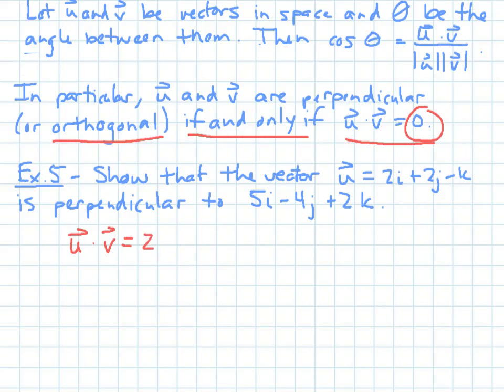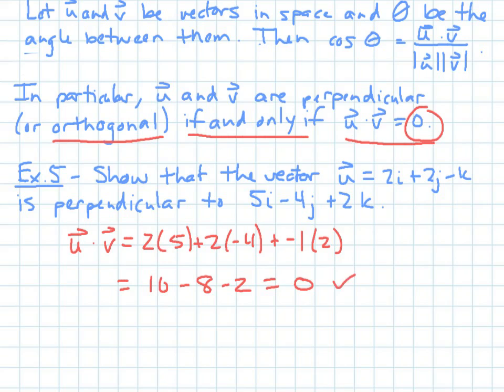So 2 times 5 plus 2 times negative 4 plus negative 1 times 2 gives me 10 minus 8 minus 2, and negative 8, negative 2 are negative 10. So 10 minus 10 is 0. That means u is perpendicular to v. Okay? Have fun.